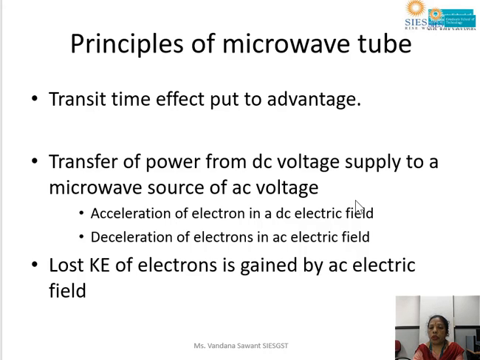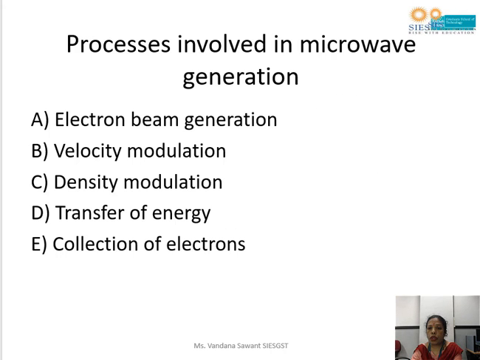To do all this, a total of 5 processes are involved in microwave signal generation. Which are these 5 processes? First is the electron beam generation. That is, the electron beam should be generated, which may be with the help of a gun and cathode.